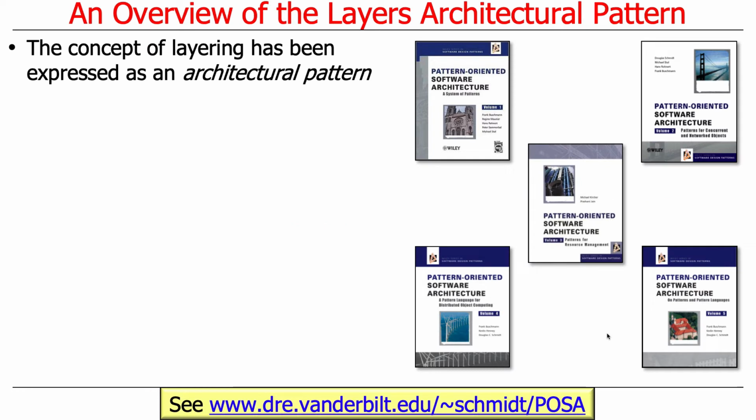And so to explain that, we'll talk about a pattern known as the layers pattern, or layering pattern. I guess it's called the layers architectural pattern. And this is a good example of something called an architectural pattern. A lot of the patterns that you have been exposed to up to this point, for example in a class like the 251 course, have largely focused on design patterns, which deal with relatively small numbers of roles and responsibilities, a couple of classes, right?